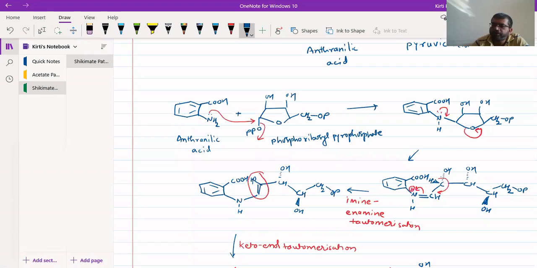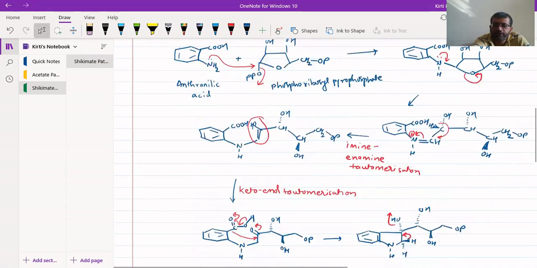So there will be a ring attachment. Now a lone pair of electrons on nitrogen will play a role in breaking this ribosyl ring, the 5-membered furanose ring of the ribose. This then undergoes imine-enamine tautomerization, which results in an enol. So it undergoes further keto-enol tautomerization.